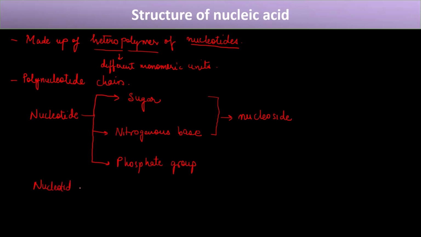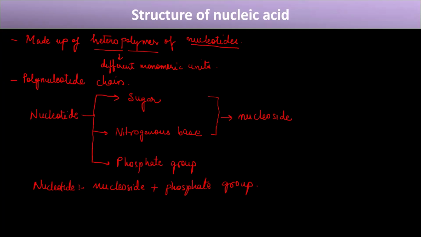The nucleotide components are sugar, nitrogenous base, and phosphate group. But you can also say that nucleotide comprises of nucleoside plus phosphate group, right? Because nucleoside is what? Sugar plus nitrogenous base. Okay. So this is about the structure of nucleic acid.